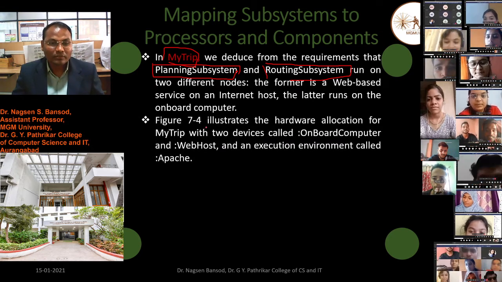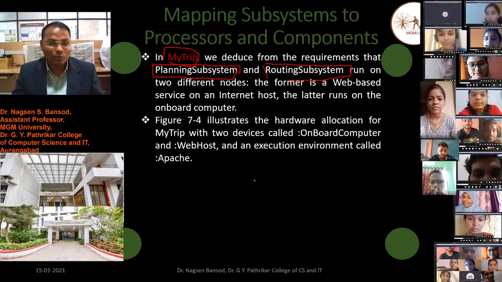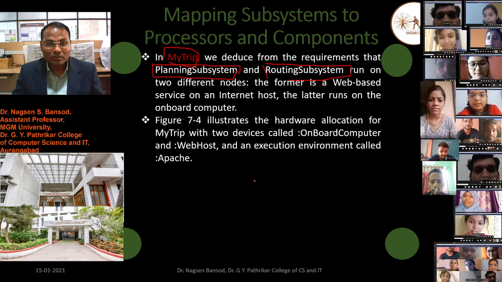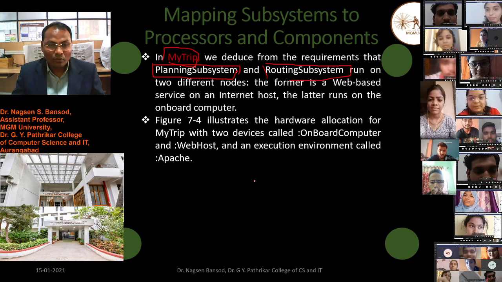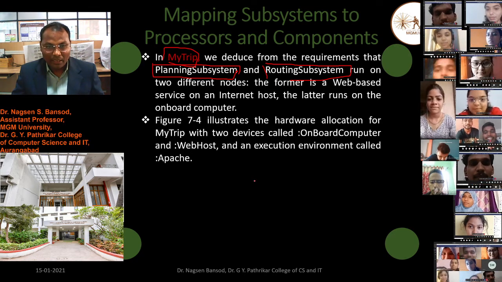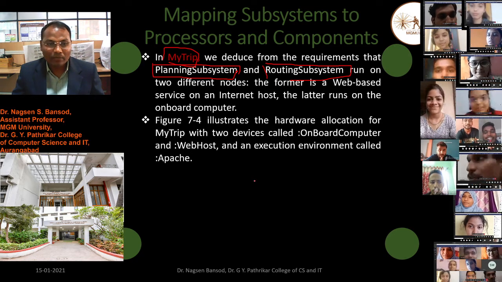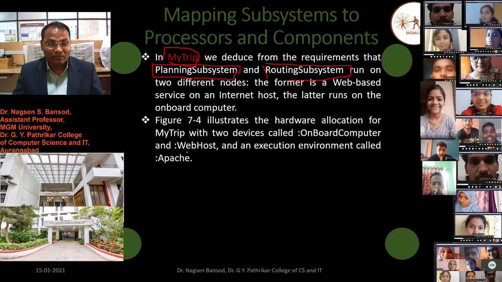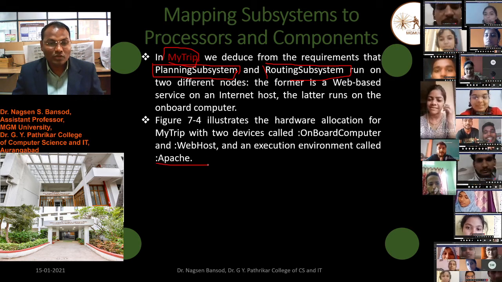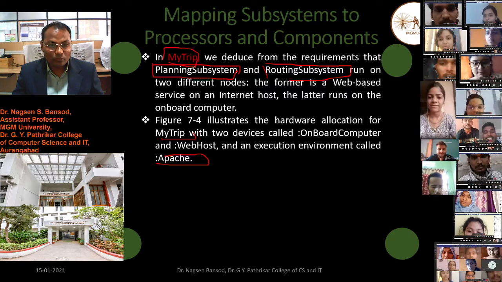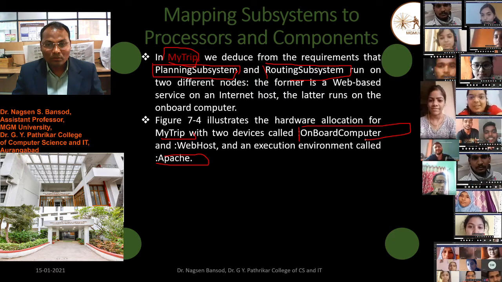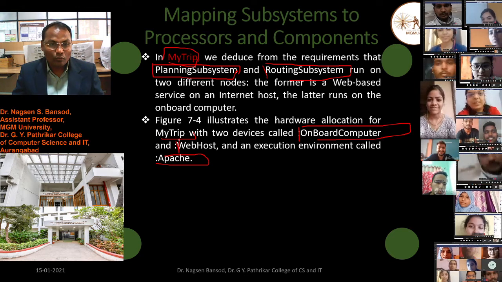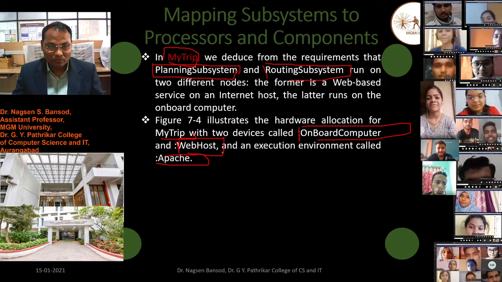Figure 7.4 illustrates the hardware allocation for MyTrip with two devices called onboard computer and web host, and an execution environment called Apache. Apache is used in the MyTrip project, and there are two subsystems, the onboard computer and the web host computer.